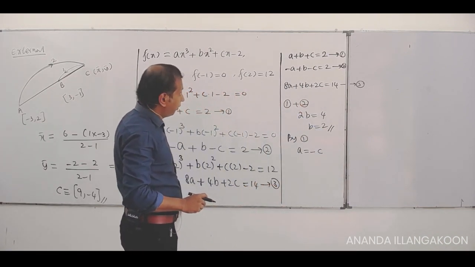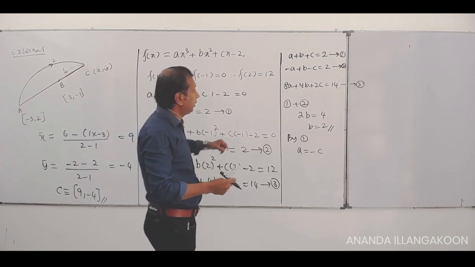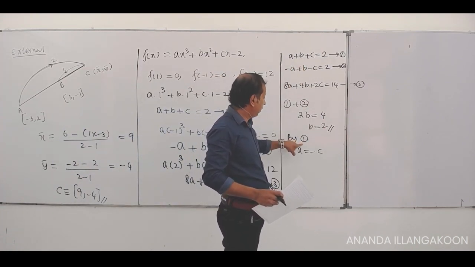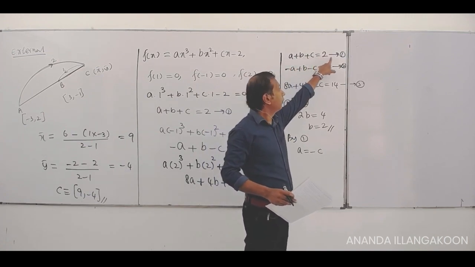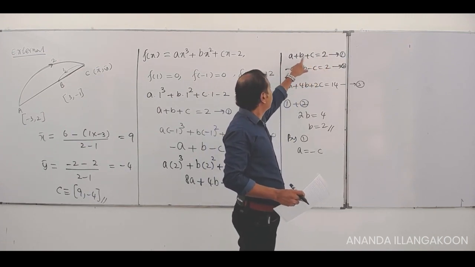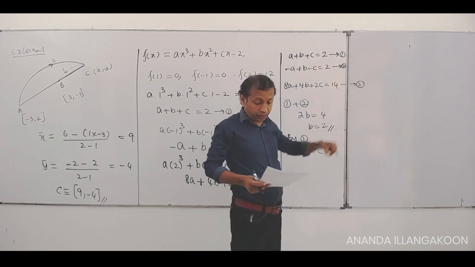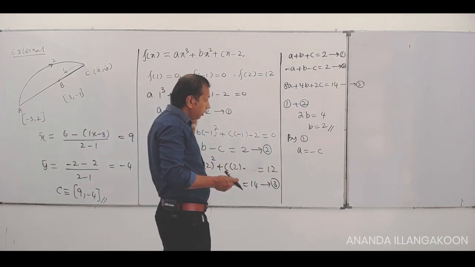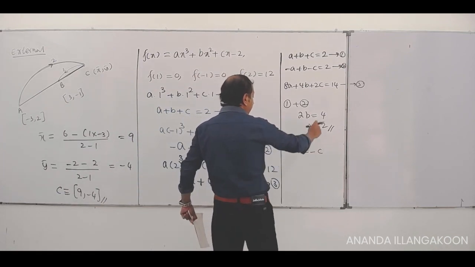A equals minus c, correct, no? I did that mentally like this. B is 2, put this 2 here in number 1. Take this 2 to right hand side, 2 minus 2 is 0, a plus c is 0, a is minus c, right? A is minus c.